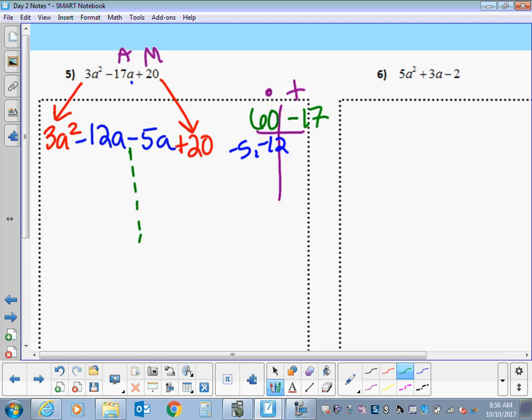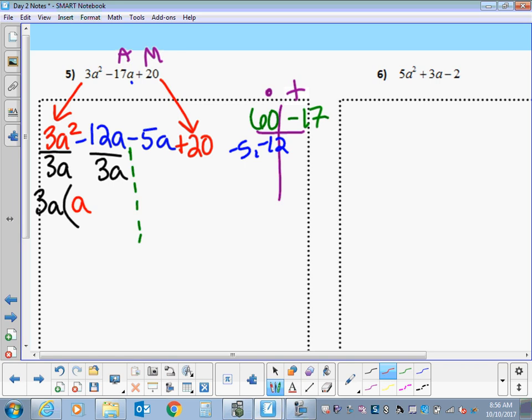I have 4 terms, so I split. Likewise, my GCF of the left side is going to be what? 3a. So we have 3a. And when I divide it, 3a squared divided by 3a is a.